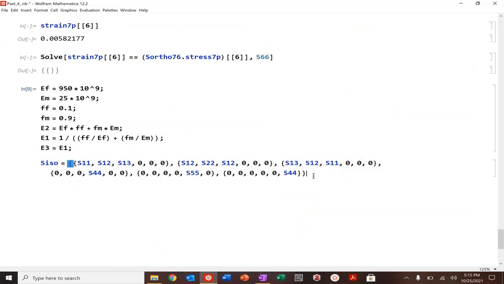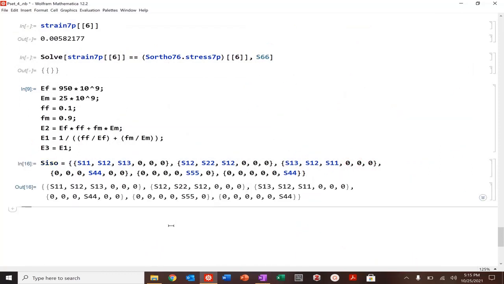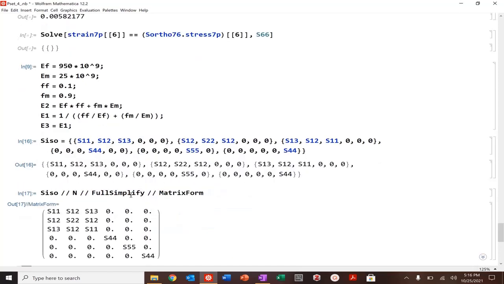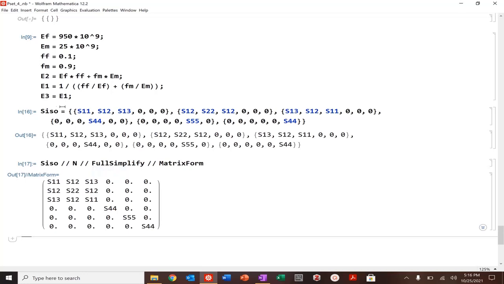It is. And S-iso, isotropic. So S-iso, matrix n slash s full simplify slash matrix form. Great. So I'm symmetric, I'm looking good, and then now I could go ahead and start to solve.